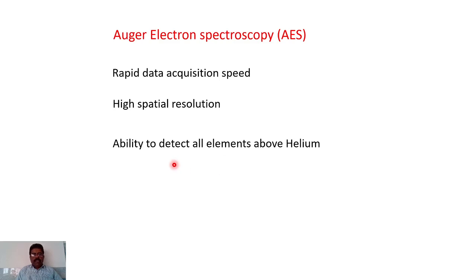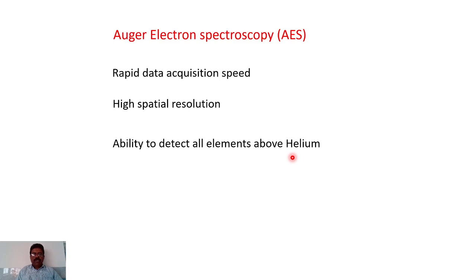Then it has the ability to detect all elements above helium. So in a given solid surface, it can detect all elements above helium. You know that helium has atomic number 2, and below helium, that is hydrogen and helium, it cannot be detected. What is the reason? The reason is that for the process of emission of Auger electron, you should have at least 3 levels in an atom.